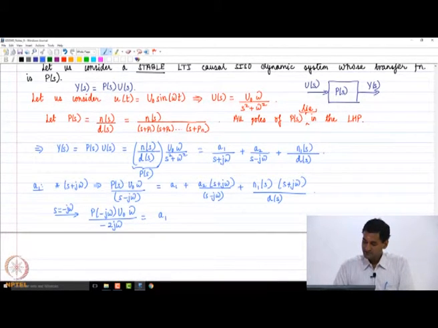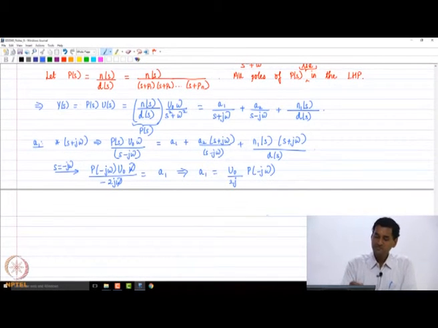So, this implies that the residue A1 is going to be equal to u naught divided by 2j, as omega and omega cancel off, times P of minus j omega.